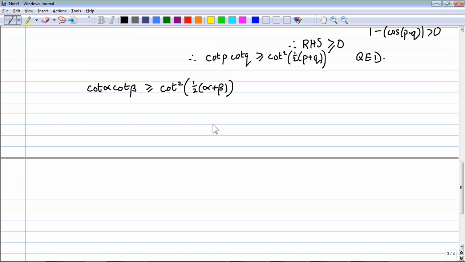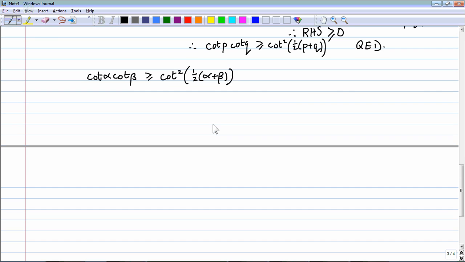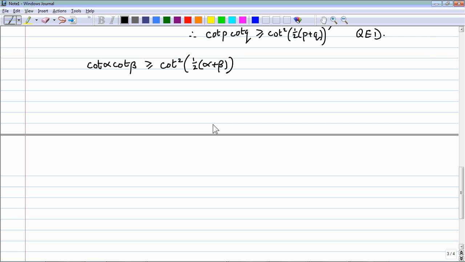And now we also know that cot alpha cot beta is actually equal, we know what it's equal to. It's actually equal to cotangent squared of phi. Okay.